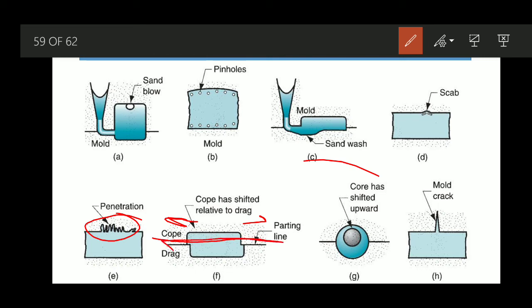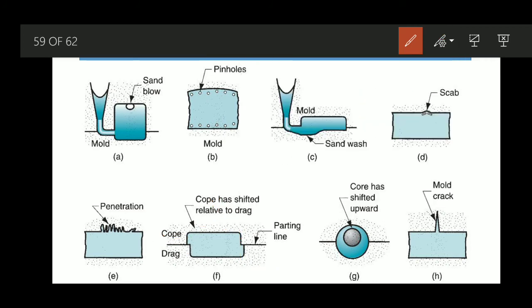This is the parting line which is parting both the halves. Upper half is the cope, lower half is the drag. Actually it should have been like this, but one half has moved or displaced relative to the other. It has misaligned the thing, and because of this the final product also will look somewhat like this.